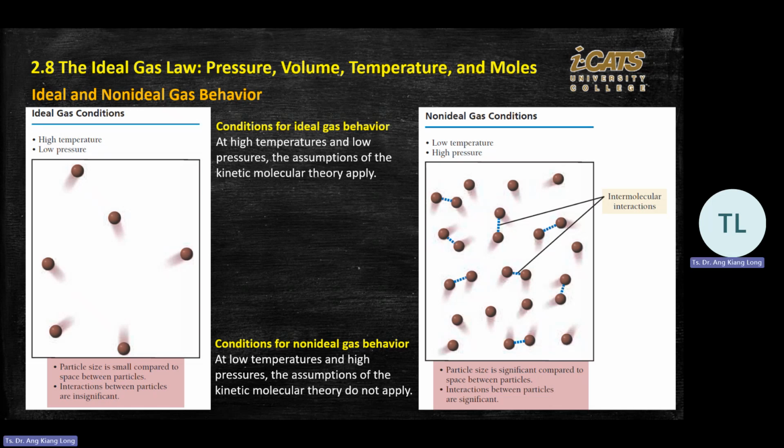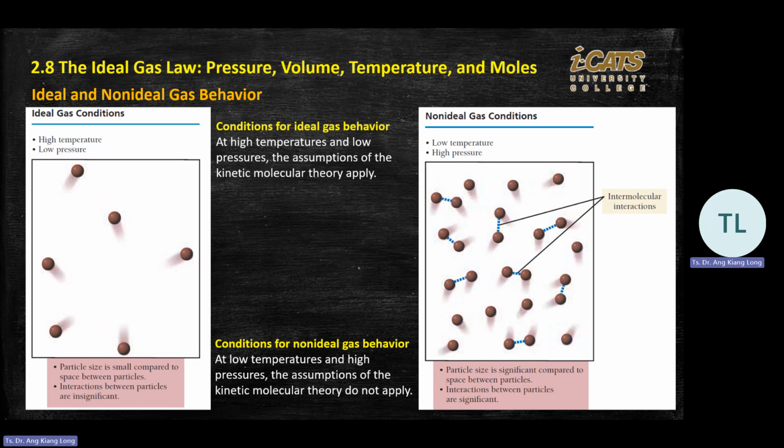In ideal gas, particle size is small compared to the space, and this one is the assumption in the kinetic molecule theory. That one. Interaction between particles is insignificant. This one is in the assumption number 3 or number 2. They do not interact. They do not react to each other. Non-ideal gas means you will see low temperature, high pressure.